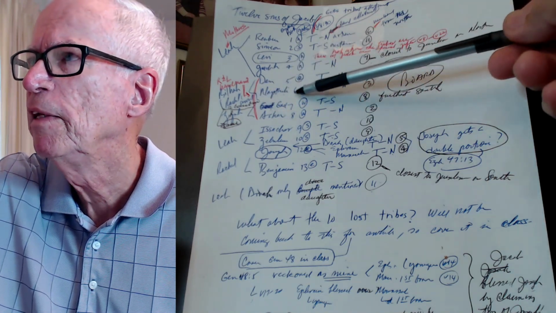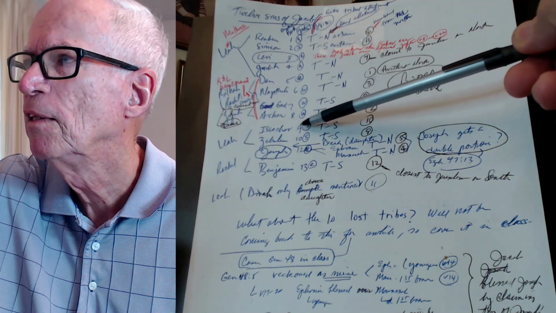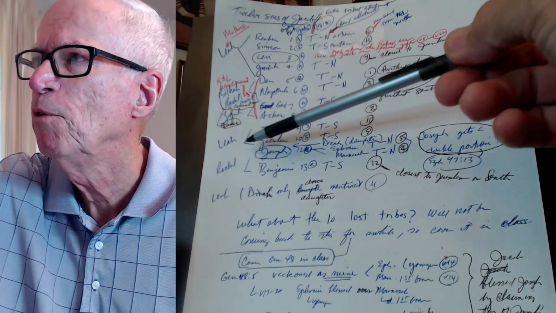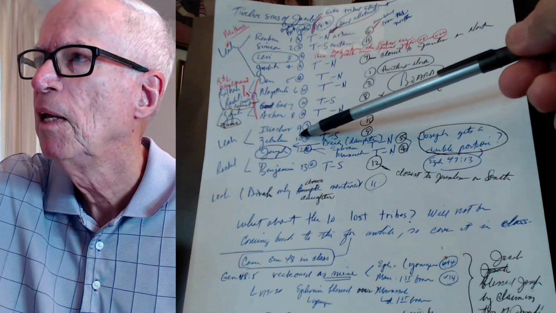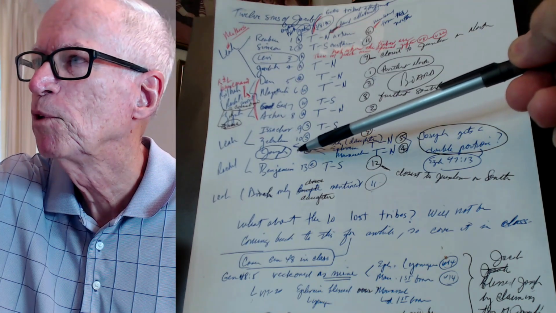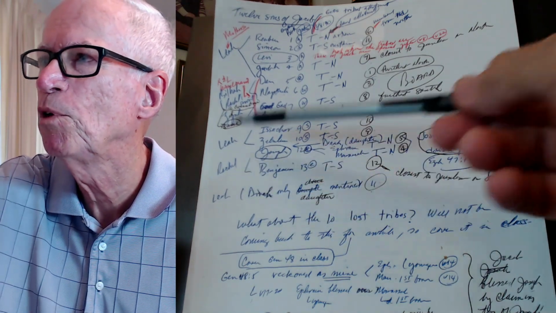Then that's your 8 children. The 9th and 10th children were Issachar and Zebulun. They were born to Leah. And then the number 12 and number 13 boys were Joseph and Benjamin. They were born to Rachel.